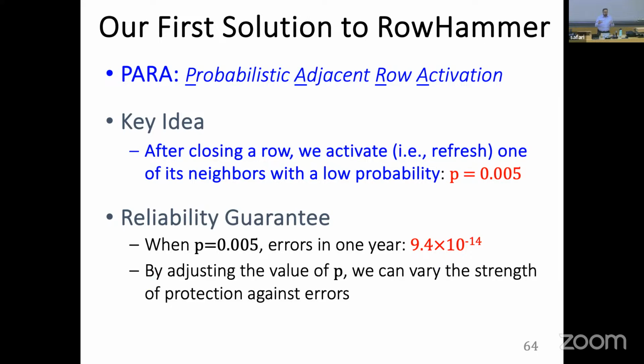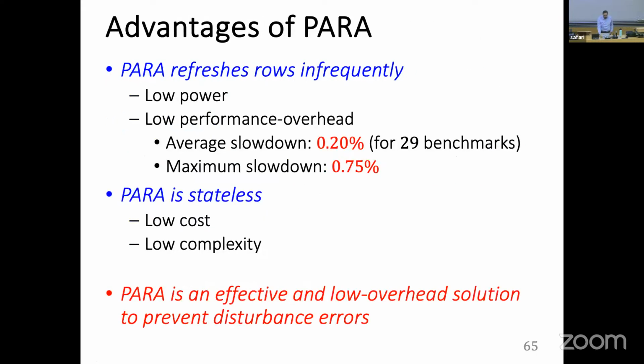How do you do that? You generate a random number, compare it to a threshold, which is 0.005 here, and you perform the preventive refresh. So it refreshes rows infrequently, so it doesn't have a large performance overhead.